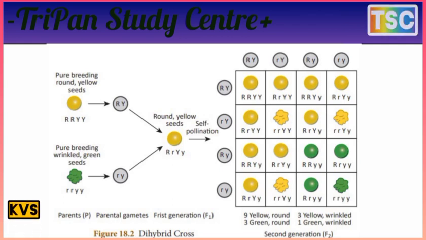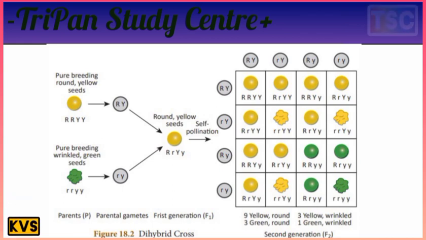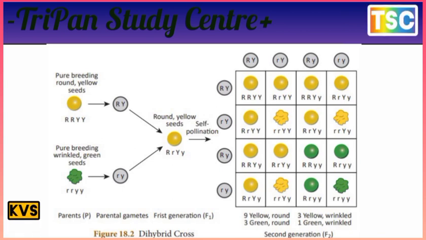In the cross of the parents, the parental gametes are capital R and Y, and small r and small y. The first generation has round yellow seeds from pollination.